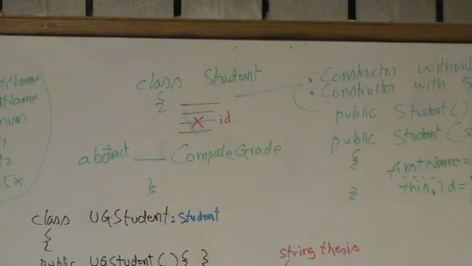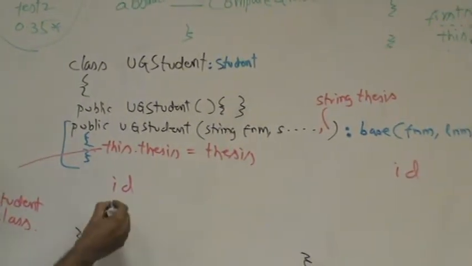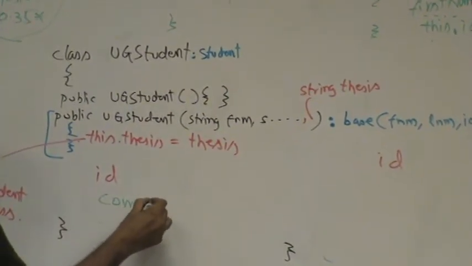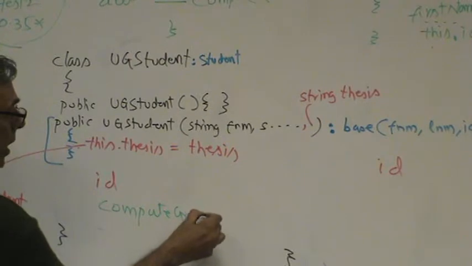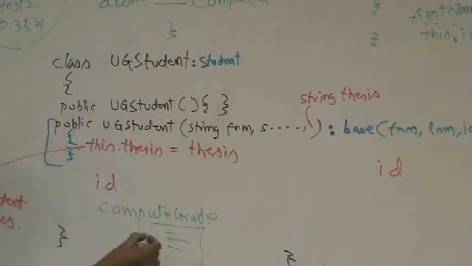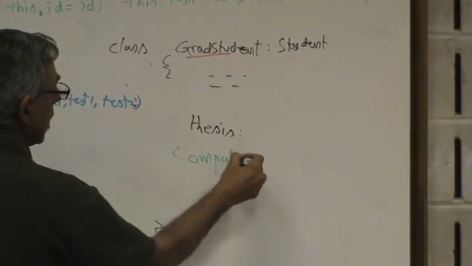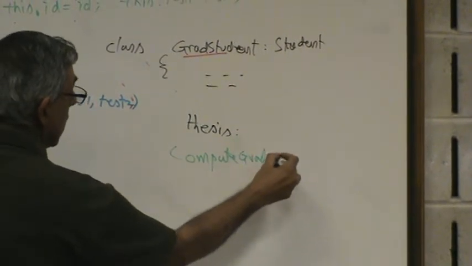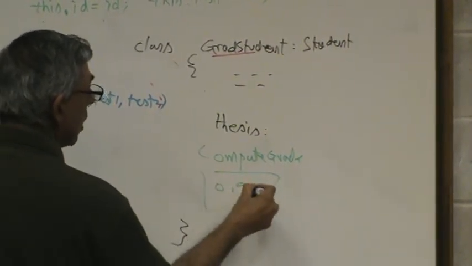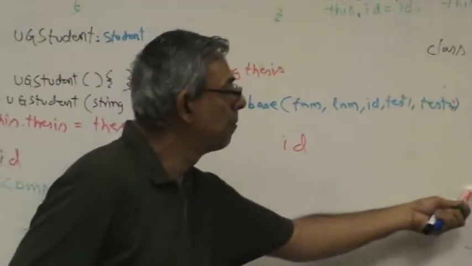Okay, so now the problem is, if we override over here, because it's abstract, that means we will need to write compute grade over here, correct? And provide the real code with the 0.4 formula. Will we need to go over here, override the compute grade, and provide the 0.4 formula code, right? So aren't we repeating code?